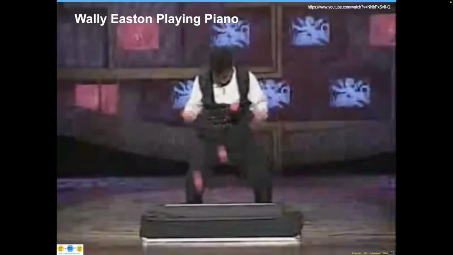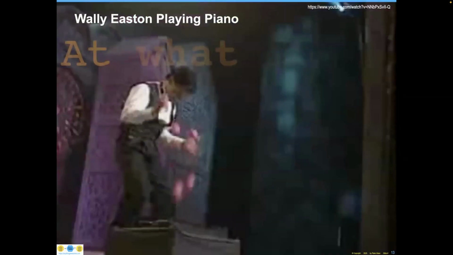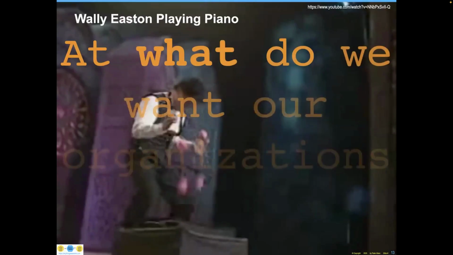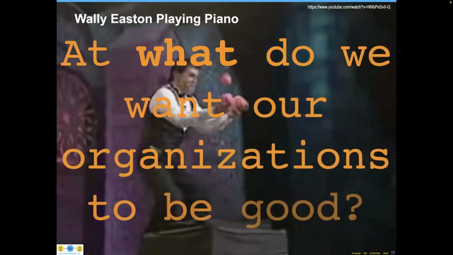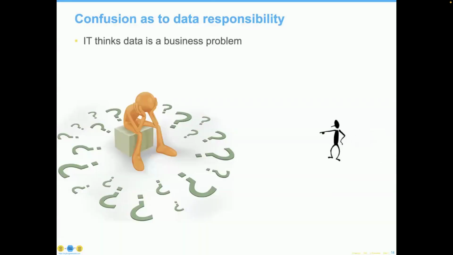So Wally's doing real well as far as juggling the piano balls, and he's playing Yankee Doodle Dandy. But the question, of course, comes up: what do we want our organizations to become good at? And if they're really good at this kind of juggling, what kind of opportunities does this have for this individual, for example, to have learned how to play Beethoven or something along those lines?